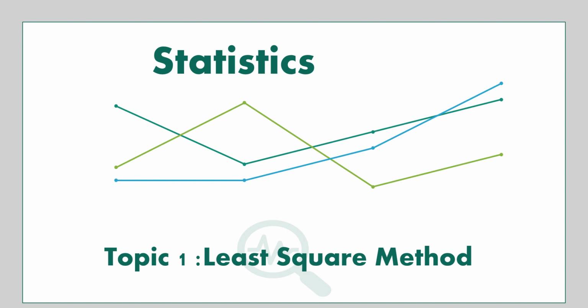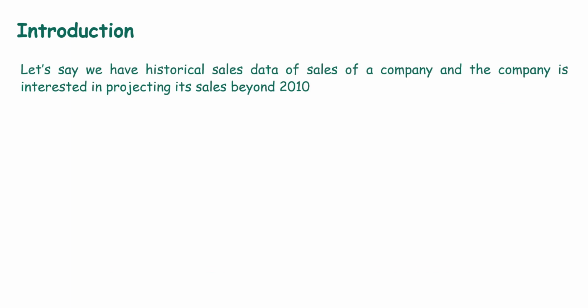Now, let's get into understanding what the least square method is with an example. Let's say we have historical sales data of a company, and let's assume that where we stand today is the year 2010. We have the last 5 years of the company's sales data.